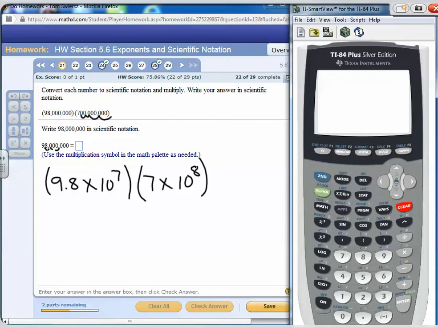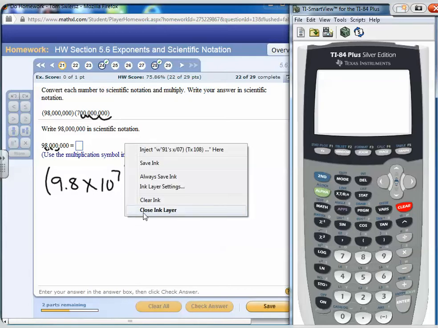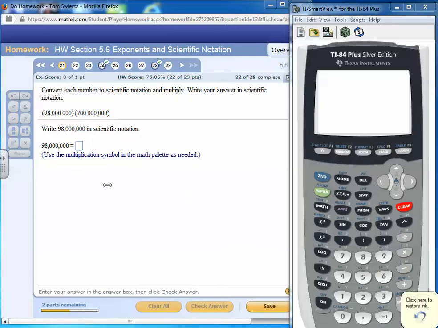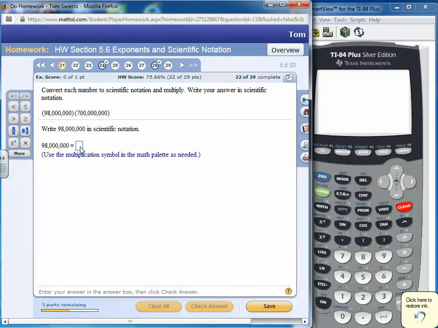All right. So we'll go ahead and put those. First, we have to change each number into scientific notation before we get our answer. So again, the 98 million is 9.8 times 10 to the 7th power.